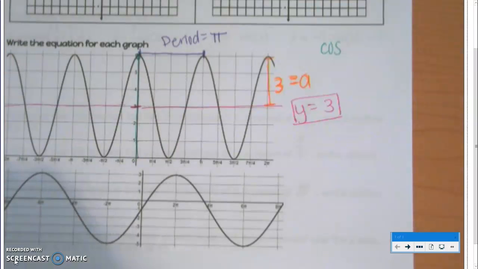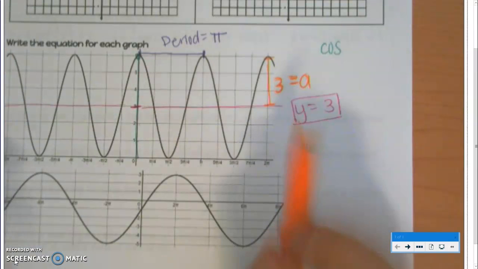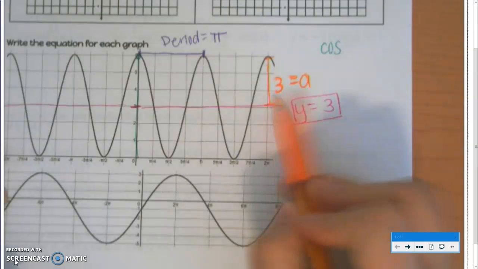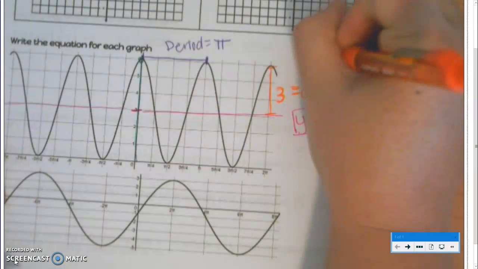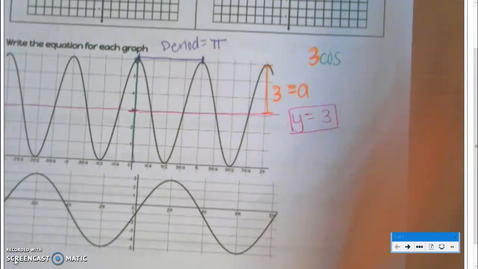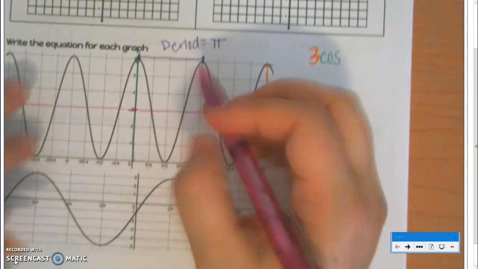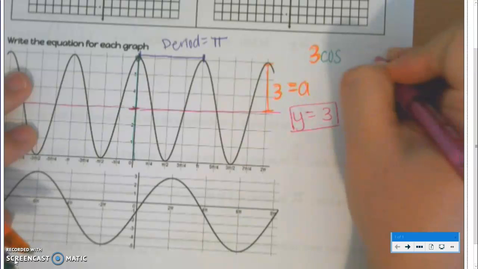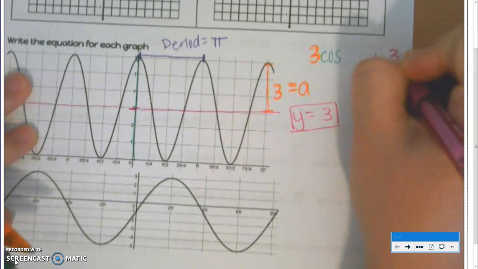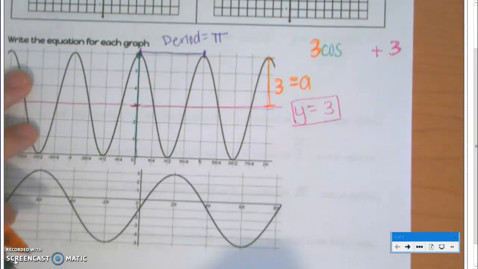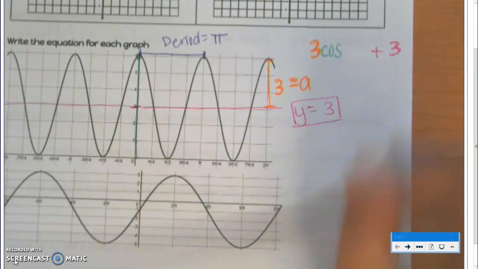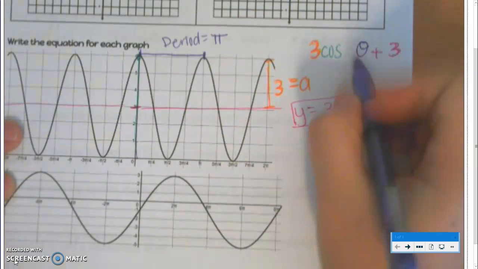My period, let's do that last. Let's do the amplitude first. My amplitude is 3, so that's the number that goes in front. My midline is up 3, so that means my equation is going to have a plus 3 at the end. And I'm going to have to do a little work to put that number in front of theta.